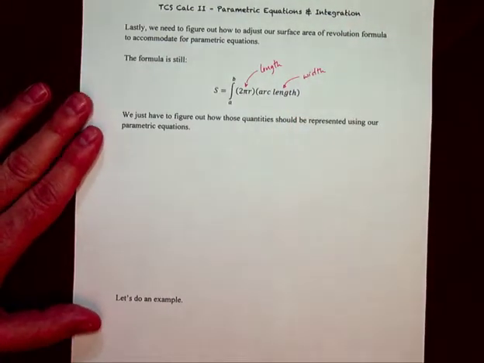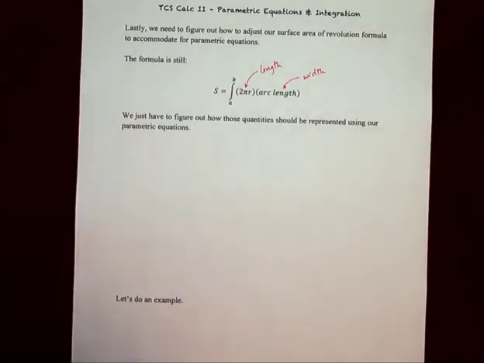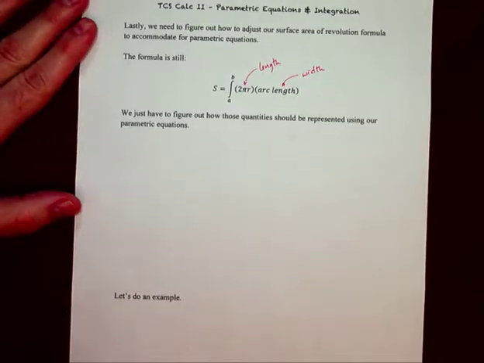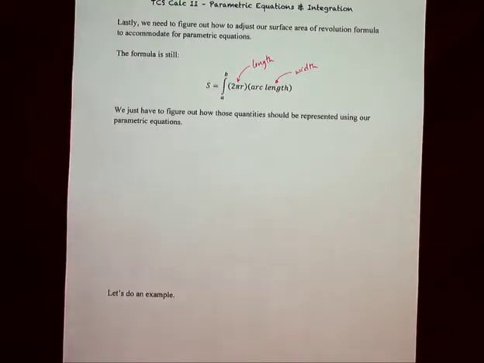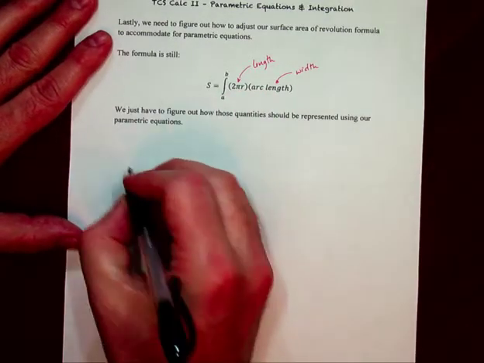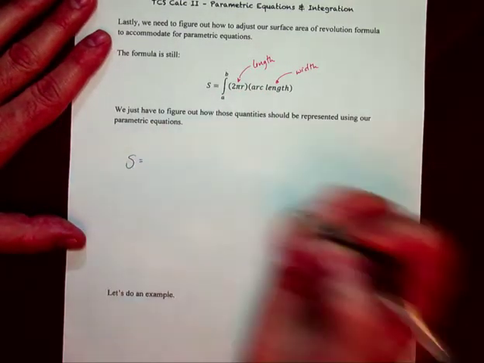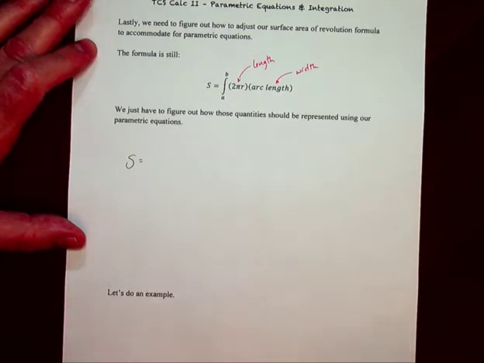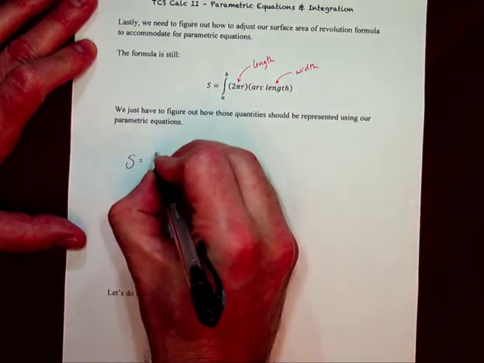Now, that looked a little bit different when it came to rectangular, but again, we need to basically figure out how to represent those in terms of parametric, because it's the same principle, right? Again, we're going to assume that there is an alpha and a beta which correspond to that a and the b.